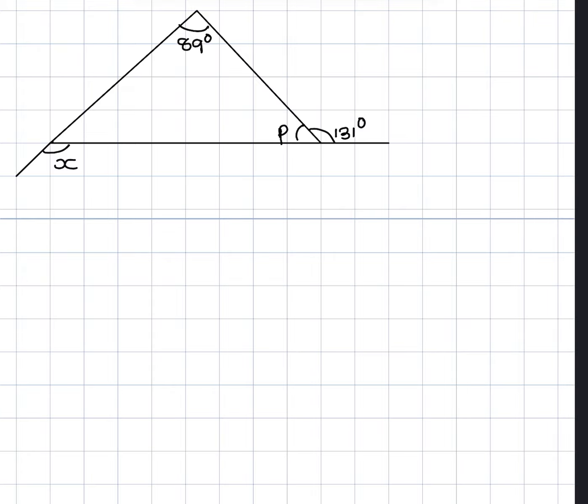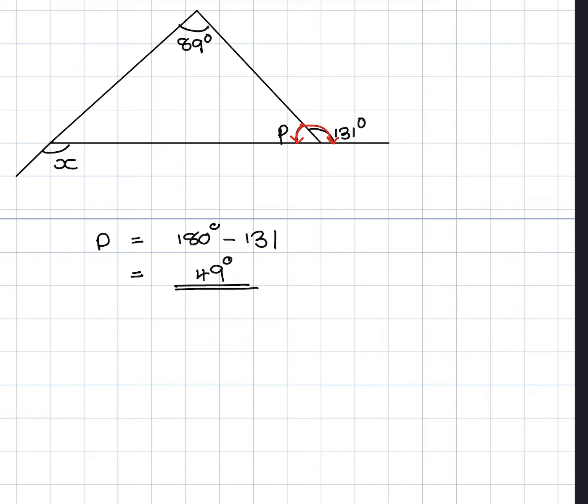In this case, we're looking for the value of p and the value of x. For the value of p, it and 131 are on a straight line, forming a straight line. Therefore p will be equal to 180 degrees minus 131 degrees, which is 49 degrees. Is it clear?